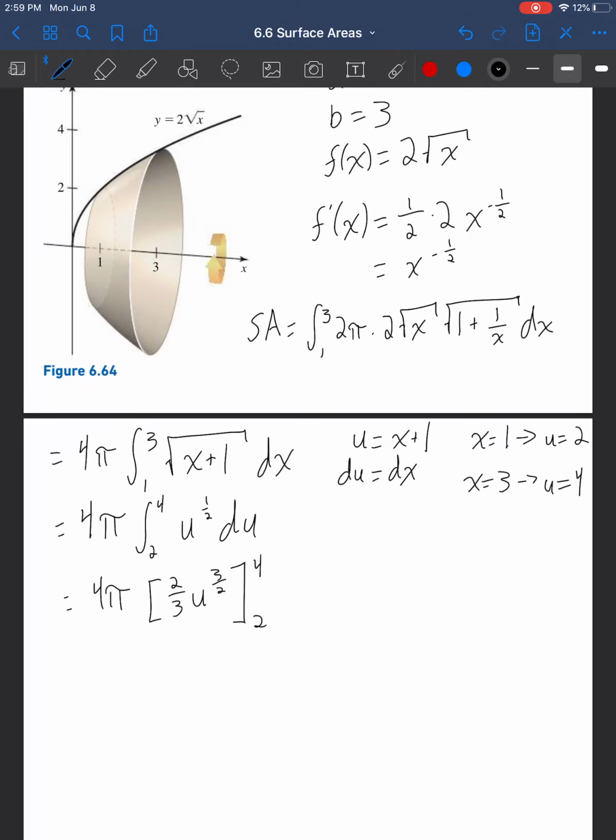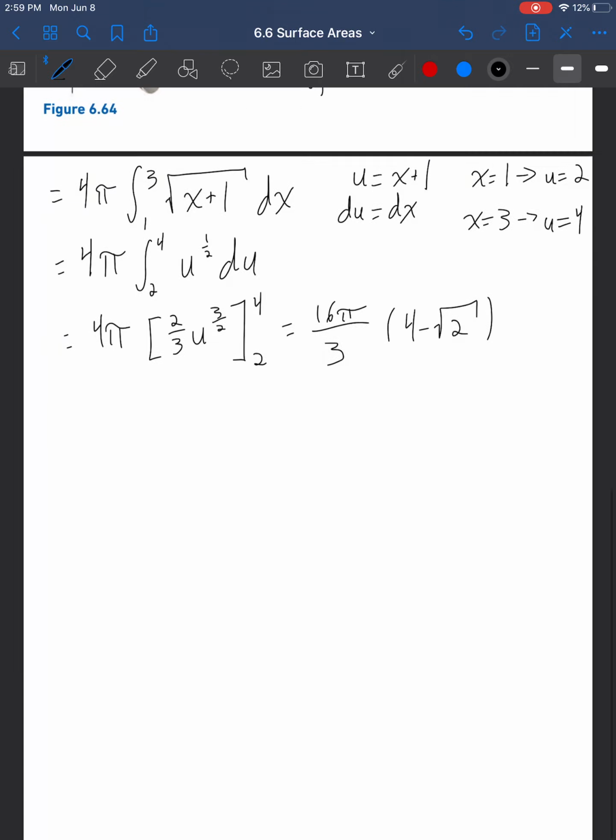So if you plug everything in, you subtract out u when u is 2 from when u is 4, and we're going to get that this is equal to 16 pi over 3 times 4 minus the square root of 2. So that is what the surface area of this shape is. If you were trying to paint either the inside or the outside of this shape, this is how much paint you would actually need for this shape.